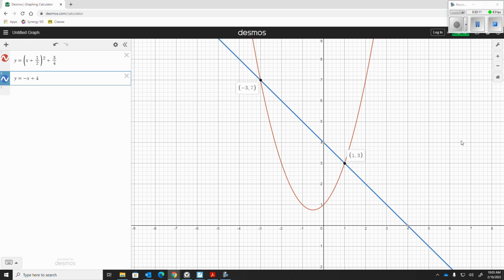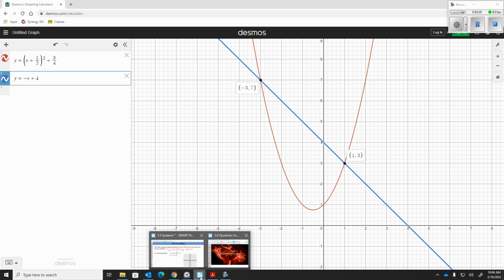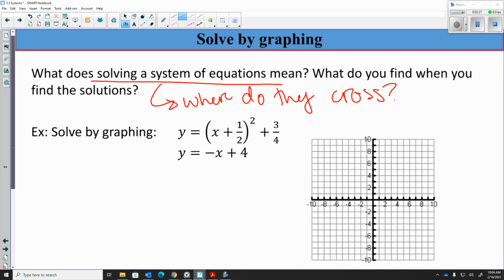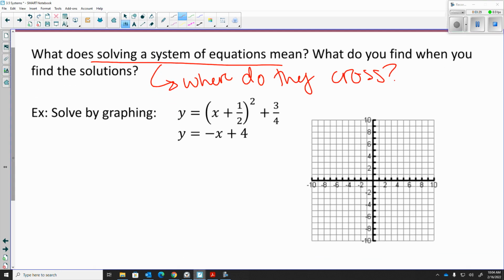Is this distracting you? You sure? What are you laughing at, Sarai? You got something to say? So what were they? (1, 3) and (negative 3, 7). So those are the solutions.